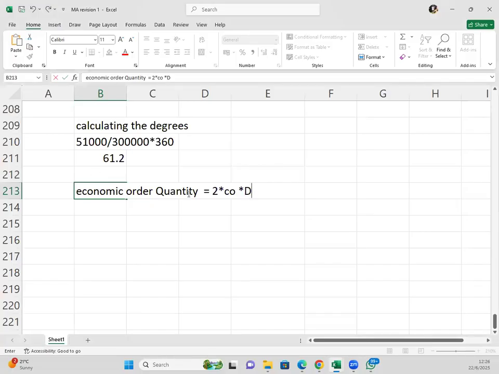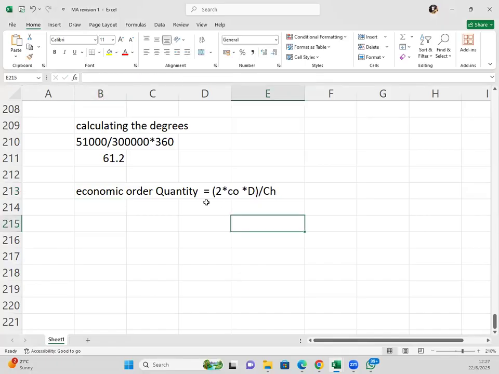Then we divide all this by CH, the cost of holding inventory.